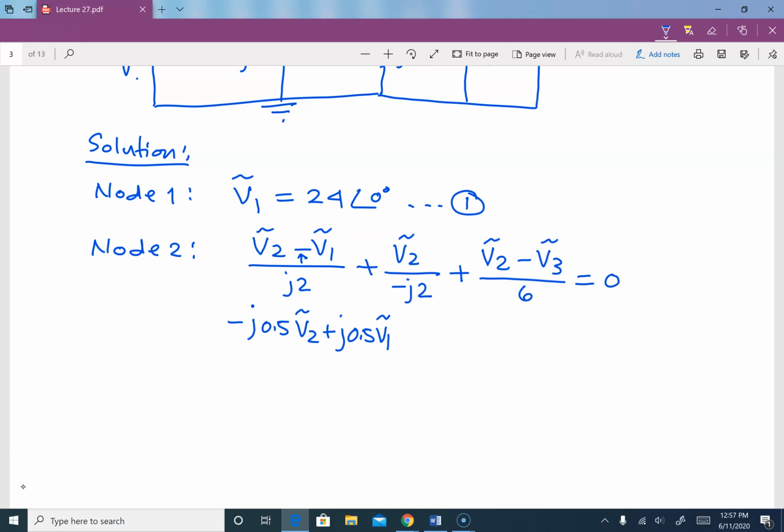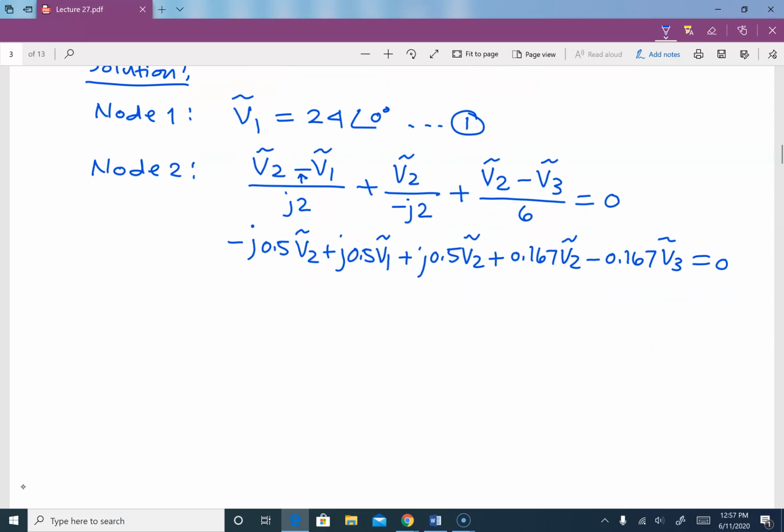And then 1 divided by 2 is half, plus J0.5 V2 plus 1 divided by 6, that is 0.167 V2 minus 0.167 V3 is equal to 0.